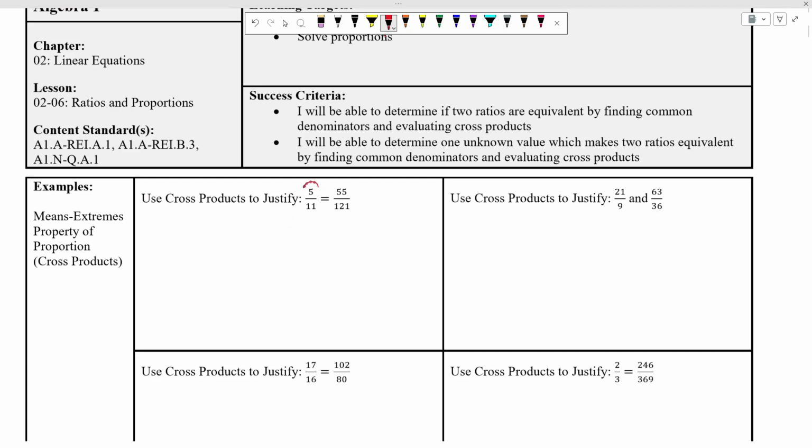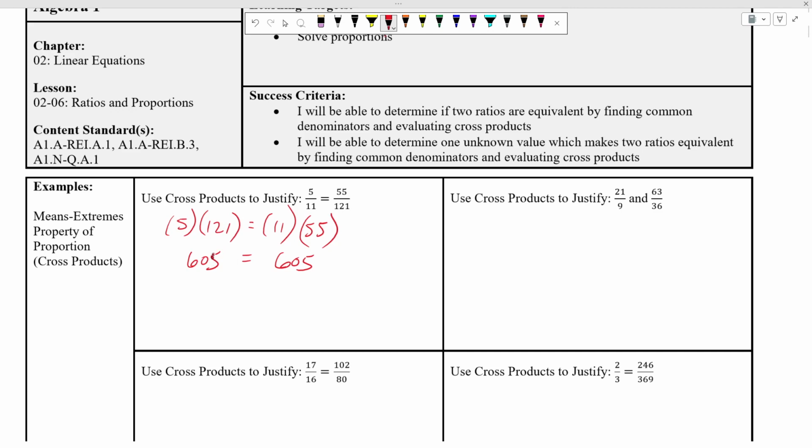So if I did my cross products, I would have 5 times 121 equals 11 times 55. And when I do that, that becomes 605, and this becomes 605.